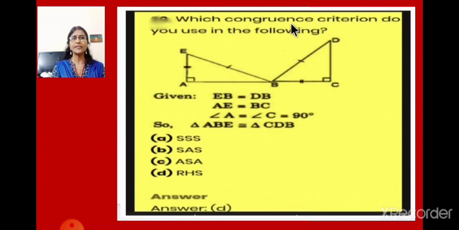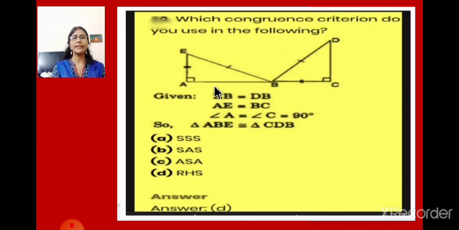Now next is, which congruence criterion do you use in the following? This is another example of this. Now what is given here? Seeing the figure we can understand. Here EB is equal to DB. So these two are the hypotenuse which are equal.